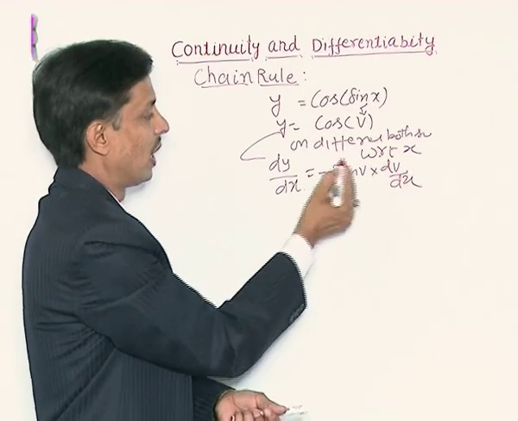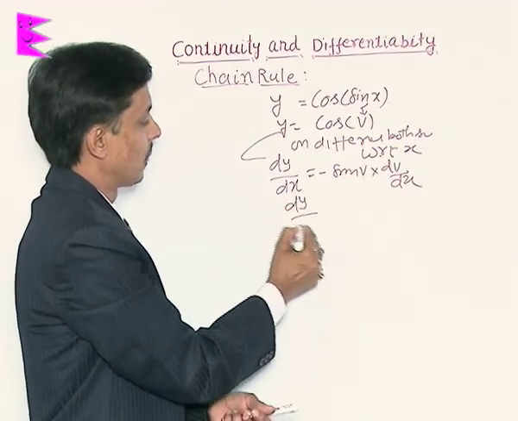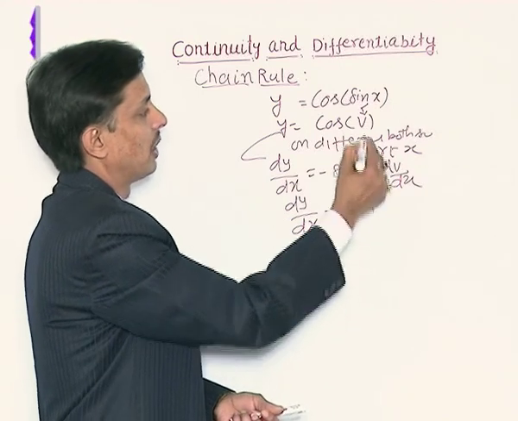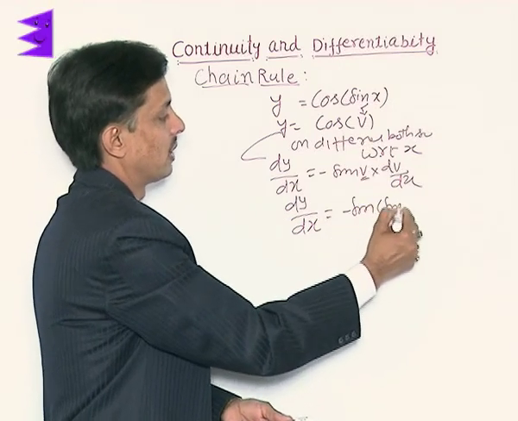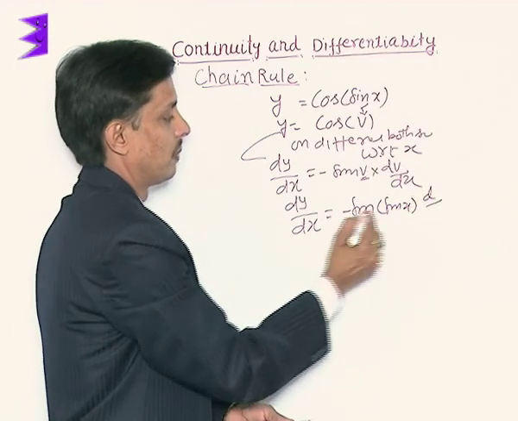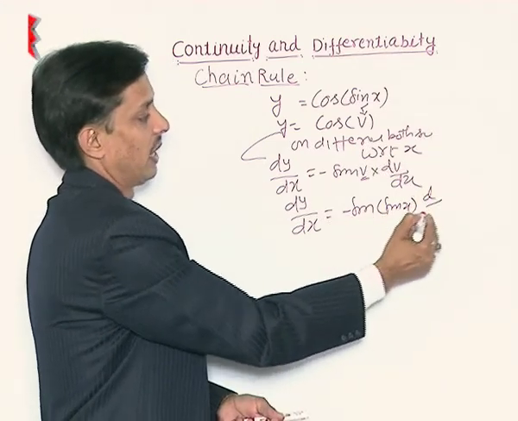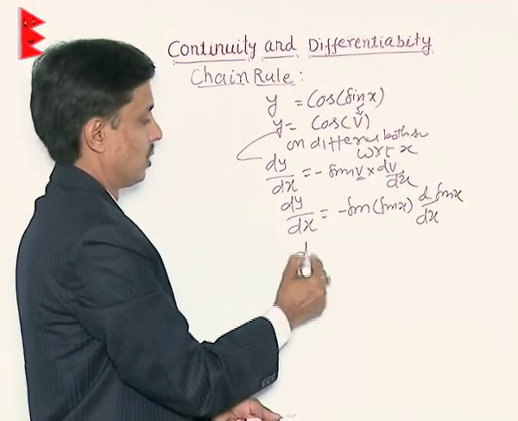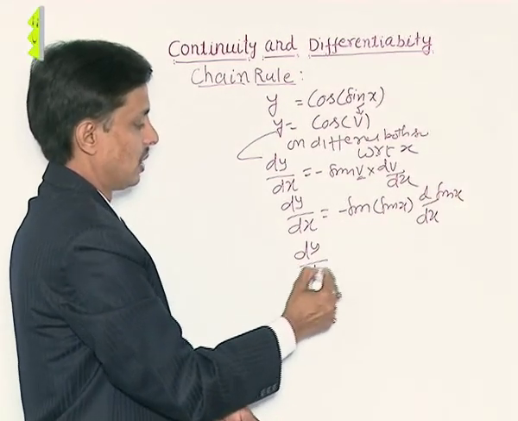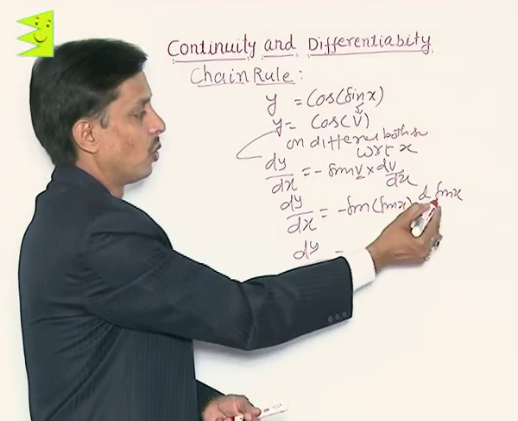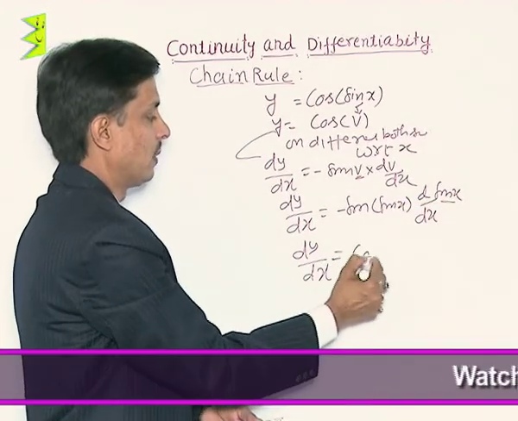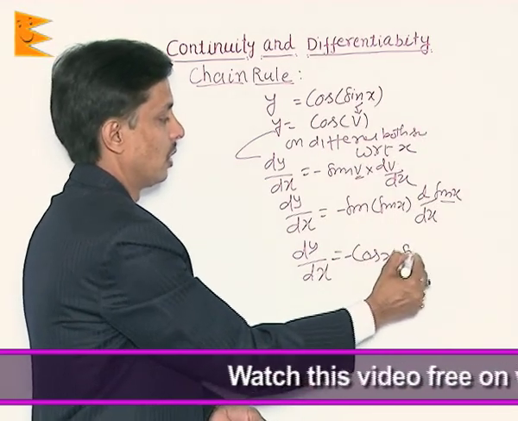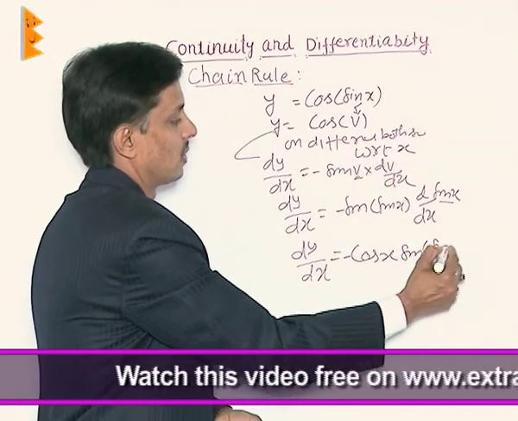On substituting the value of v which we have assumed, dy by dx is equals to minus of sin, in place of v we will write sin x. So this becomes minus sin of sin x into the derivative of v, meaning sin x. So the final answer by using chain rule: the derivative of sin x is cos x, and this is negative as product into sin of sin x.